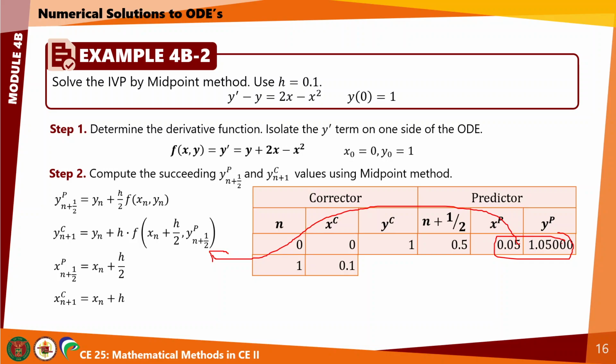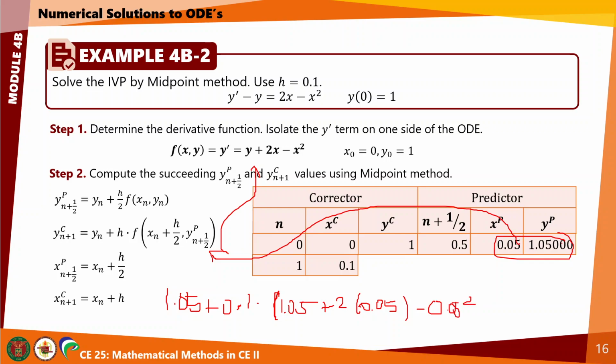Okay, so y sub n, that's 1 plus h, which is 0.1 times f of, okay, so substitute natin yung point na yan dito. Okay, so that's 1.05 plus 2 times 0.05 minus 0.05 squared.